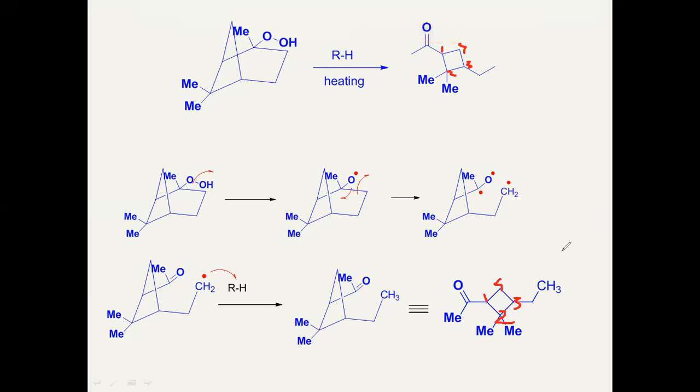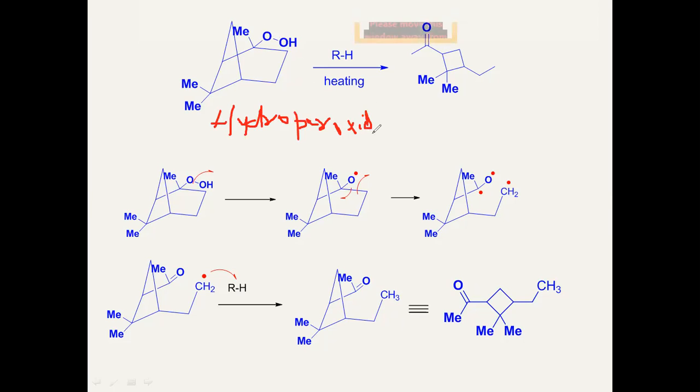So it is a very interesting example before you, of how these molecules undergo the hydroperoxide pathway. Remember, hydro means hydrogen, and peroxide means this oxygen-oxygen bond.